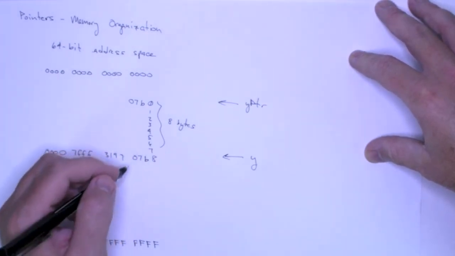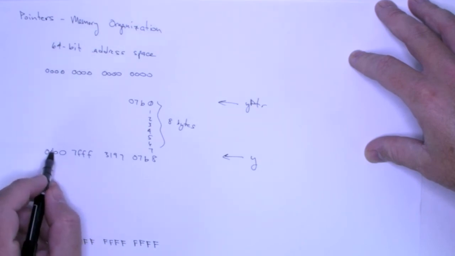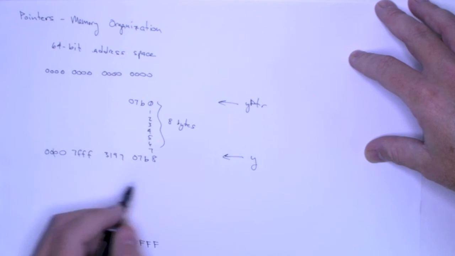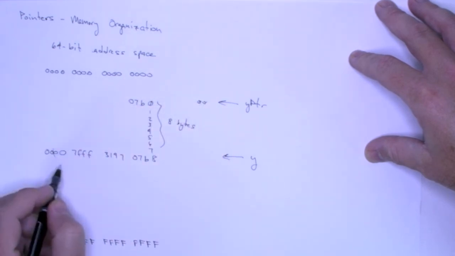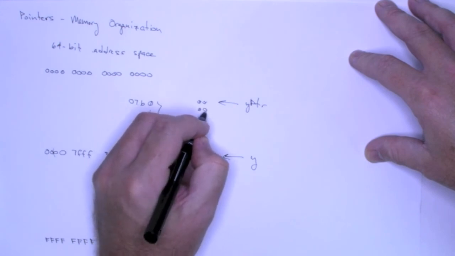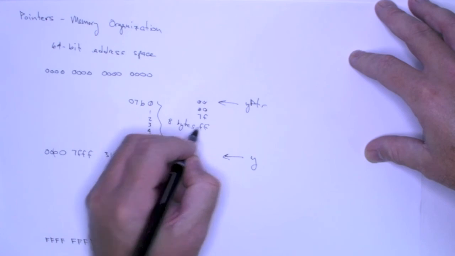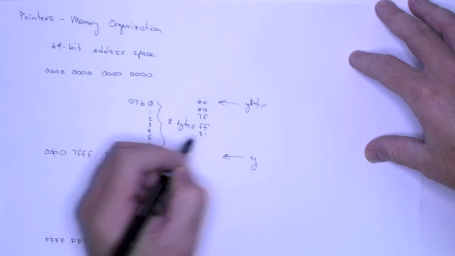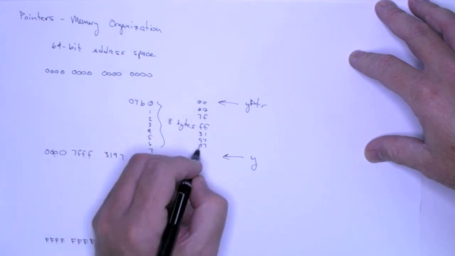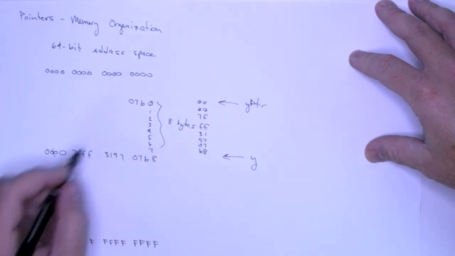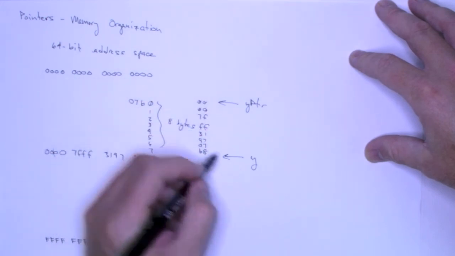If each location can store 2 of these hex digits, that's how we get 8 bytes: 00 will be stored here, 00 here, 7F here, FF, 31, 97, 07 and B8. And that's how in Y pointer we're storing this address.